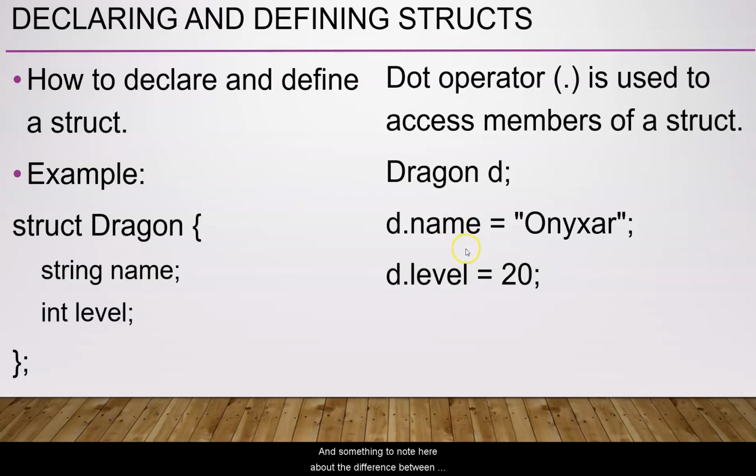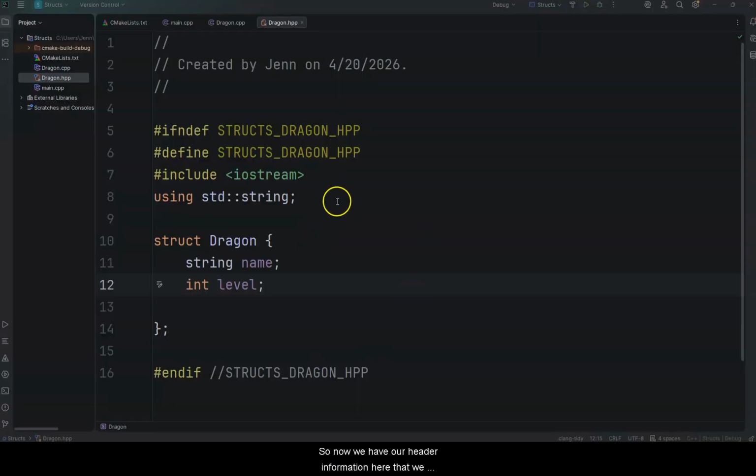Something to note about the difference between structs and classes, which we'll talk about next week, is that anything in a struct is completely public information by default. That's how we can get all this information. So now we have our header information where we define our structs.